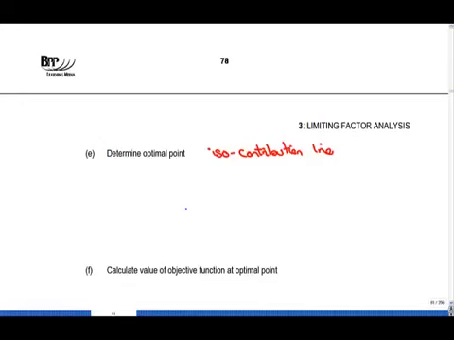The way that we work out where this line should be is we bring in our objective function. Now we said that we maximise contribution when we had 5p and 6h.